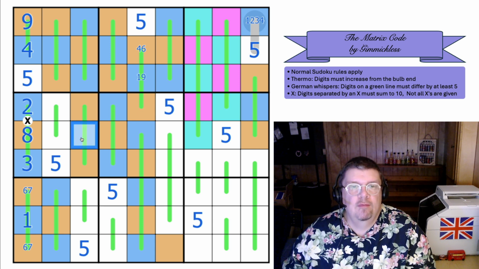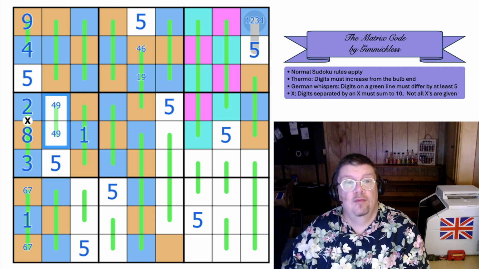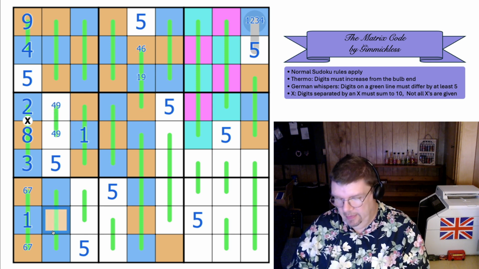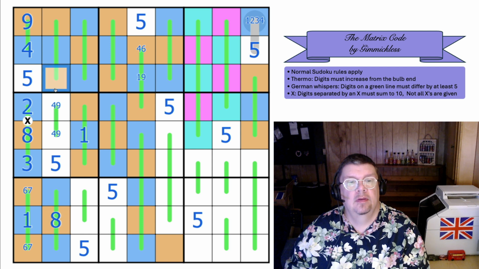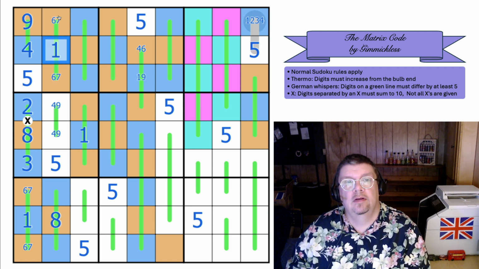Right, that can't be 4. So that's a 1. That makes that a 4-9 pair. That makes that 8. That makes this 6 and 7, and that's a 1 because it will be next to a 6 either way.